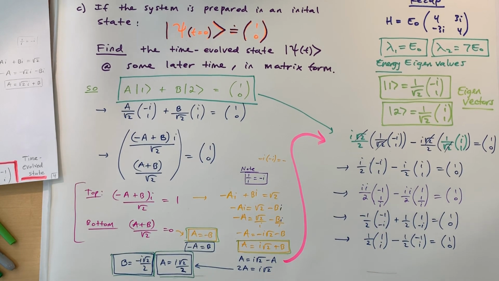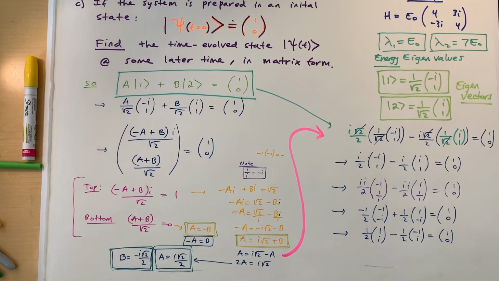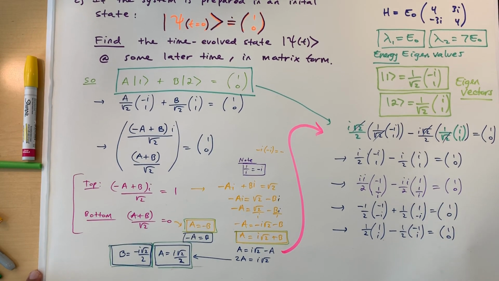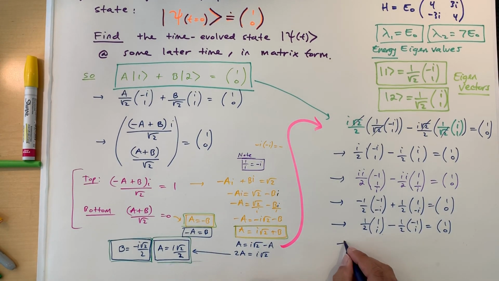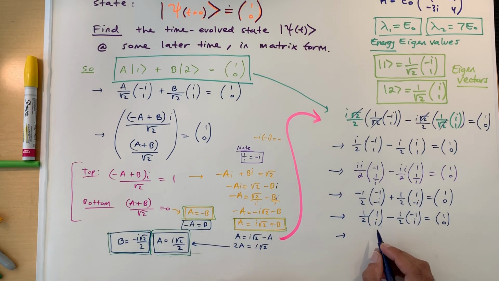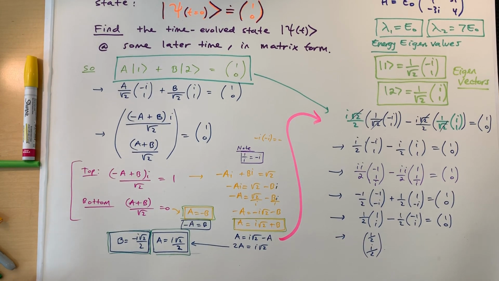And then finally, let me try to do this in one more step. Okay, so then finally, you can see that the top part, I'll just write it out. So we're gonna have 1/2 on the top, and then i over 2 on the bottom, right? Let's see if you can still see here. Yeah, perfect. Okay.